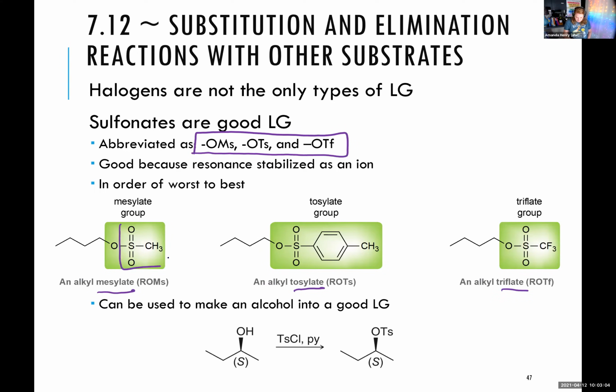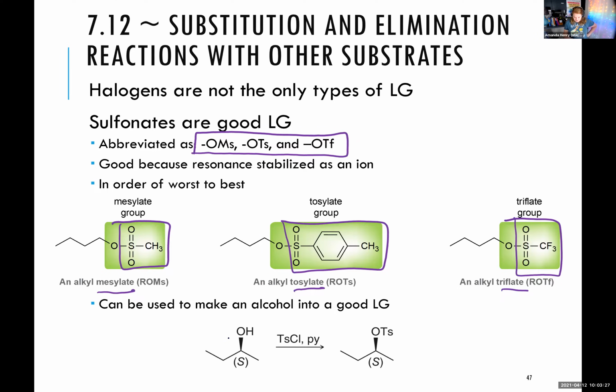So really this group right here, here, and here is replacing the hydrogen. So we have our carbon chain, we have our oxygen. We're taking that hydrogen off and replacing it with this other group. And the entire purpose is because this other group is a better leaving group.